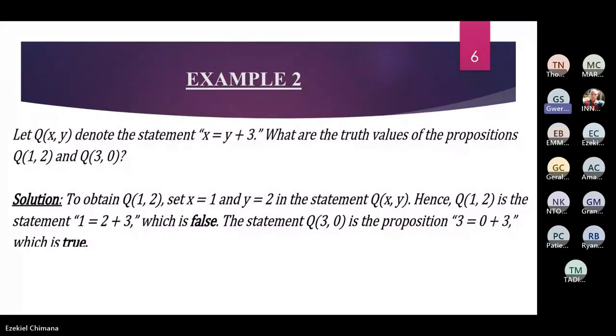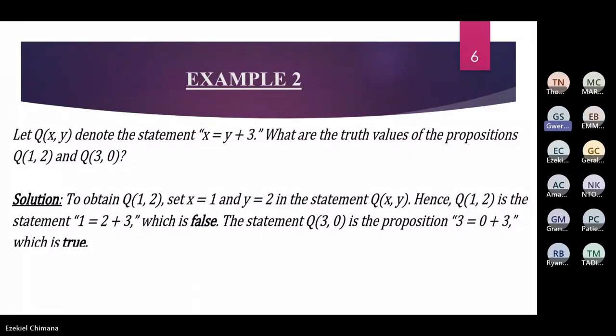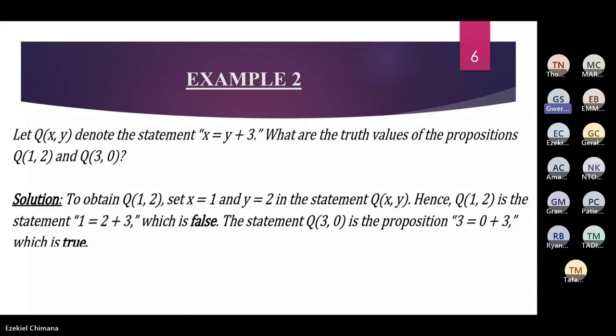Hence, Q of 1, 2 is the statement 1 is equal to 2 plus 3, which is false. The statement Q of 3, 0 is the proposition 3 is equal to 0 plus 3, which is true.